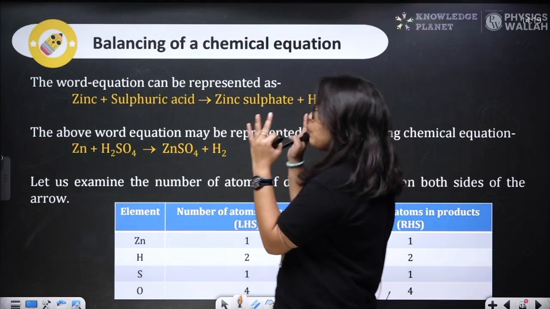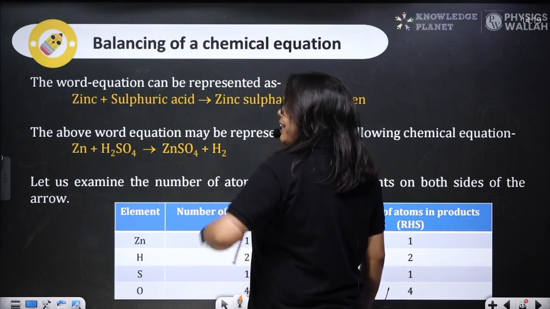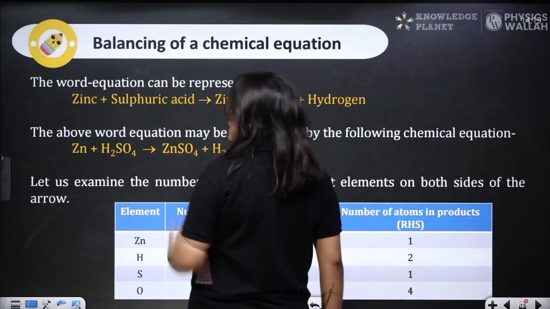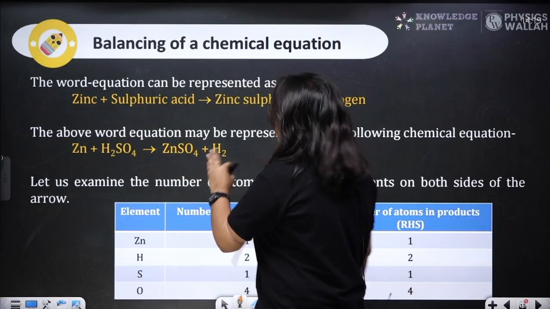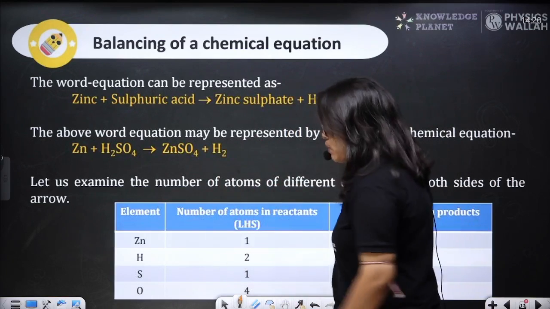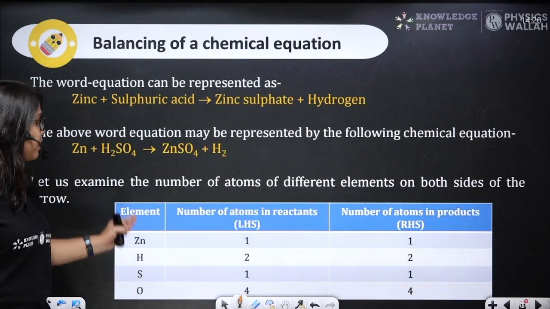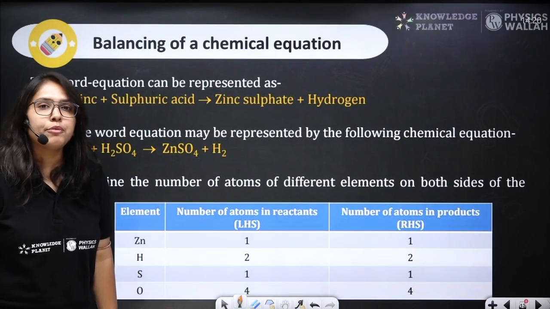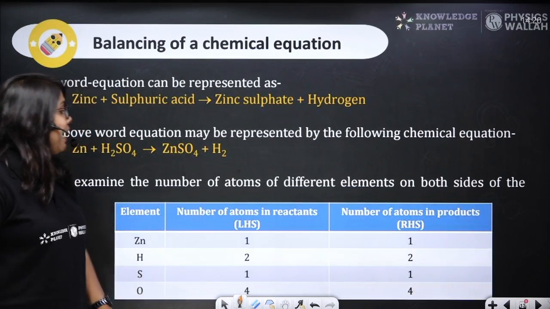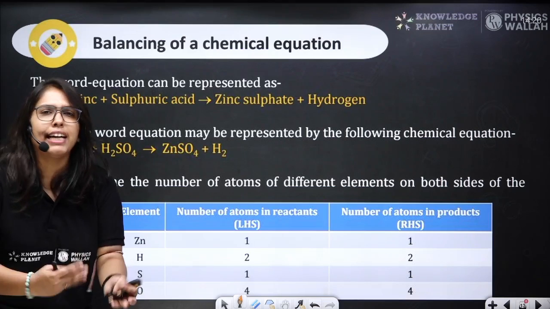Now we have to check whether the atoms of the elements as given in the reactant side are the same as those in the product side. So what do we do? We draw a table. As you can clearly see, the first column is dedicated to elements. The second column is dedicated to the number of atoms in the reactant side, that is nothing but your LHS.